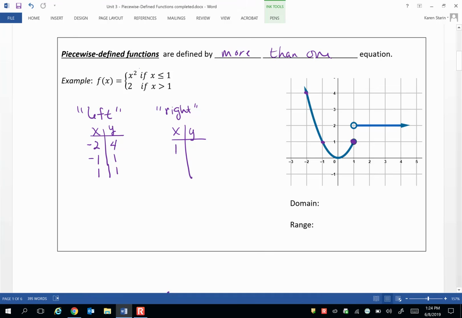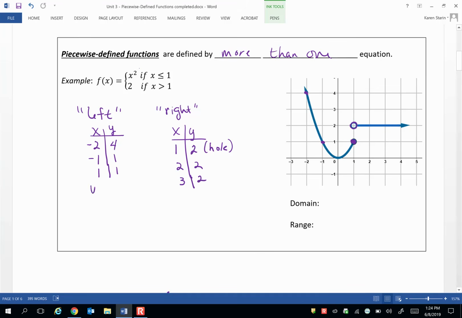So I would plug in 1 to the second piece of the equation, where it equals 2, but that's actually a hole. And you can see in the graph that we did already have a hole there. Otherwise, this wouldn't be a function. And then if we plug in 2, we're going to always get 2, forever and ever, as long as x is strictly greater than 1.